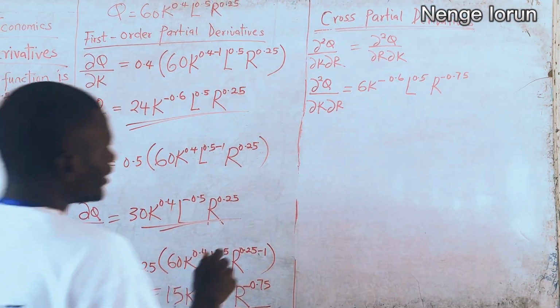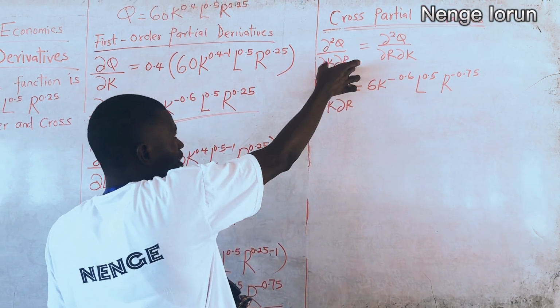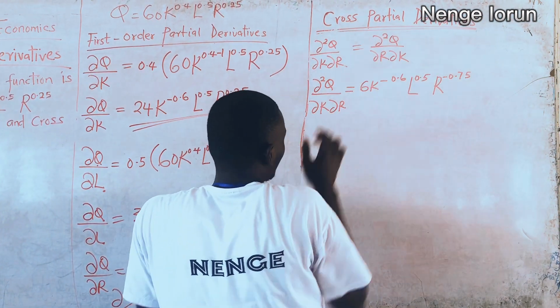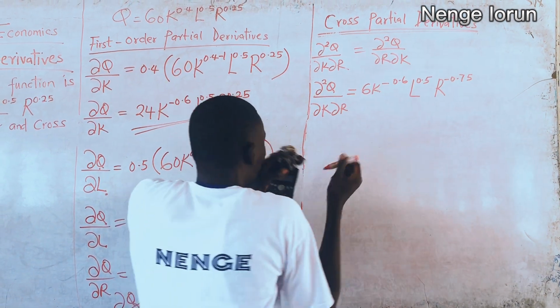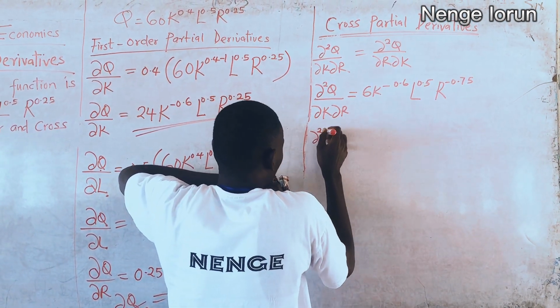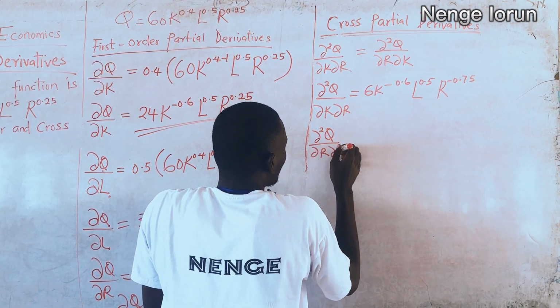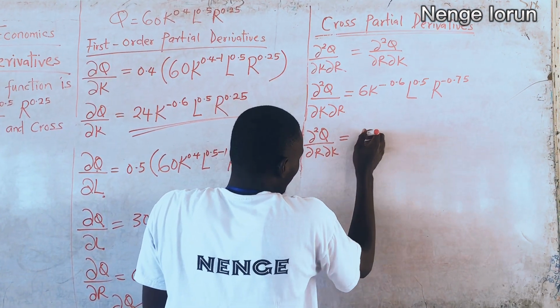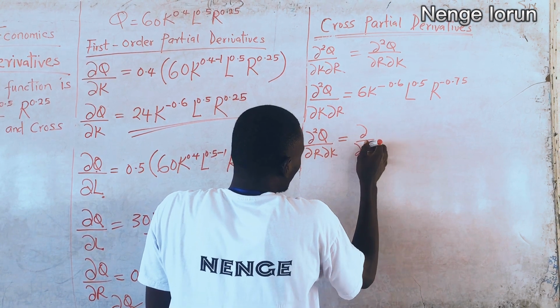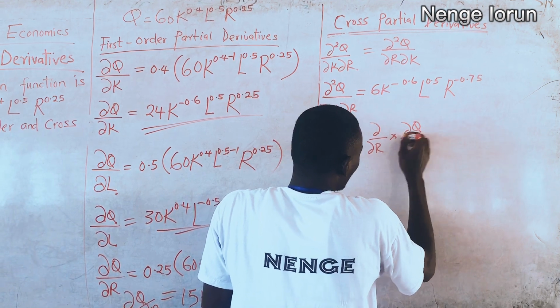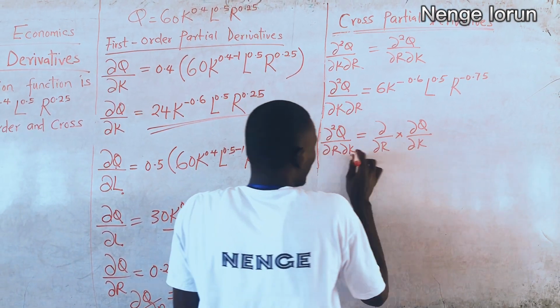So we have succeeded in getting the left-hand side. The cross-partial derivative believes that the left-hand side must be equal to the right-hand side. So to get the right-hand side, we have the second order cross-partial derivative of q with respect to r with respect to k, which is the same as the cross-partial derivative with respect to r, this one, times the cross-partial derivative of q with respect to k, this one.